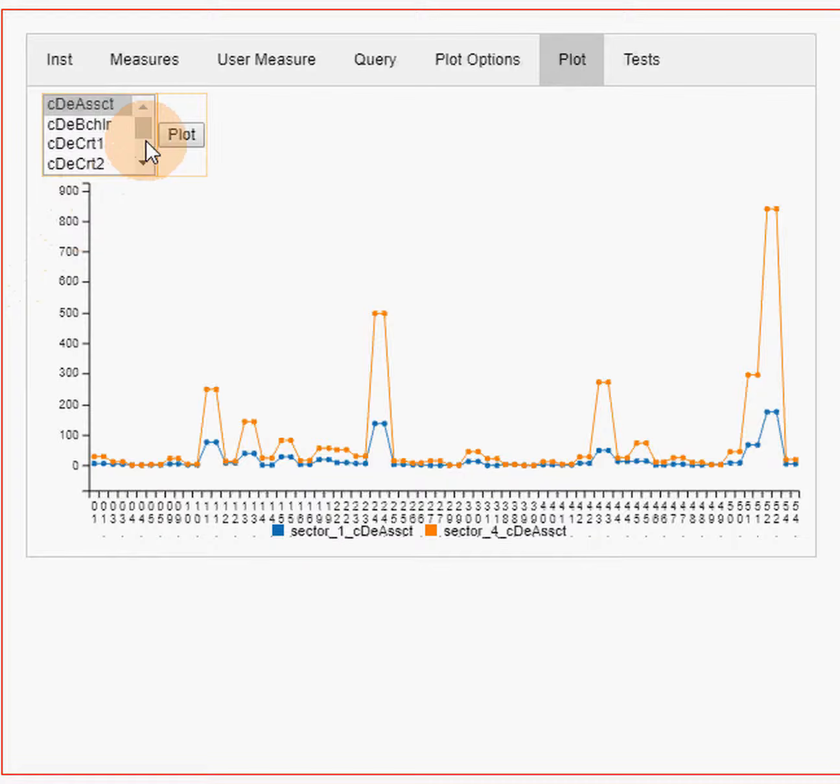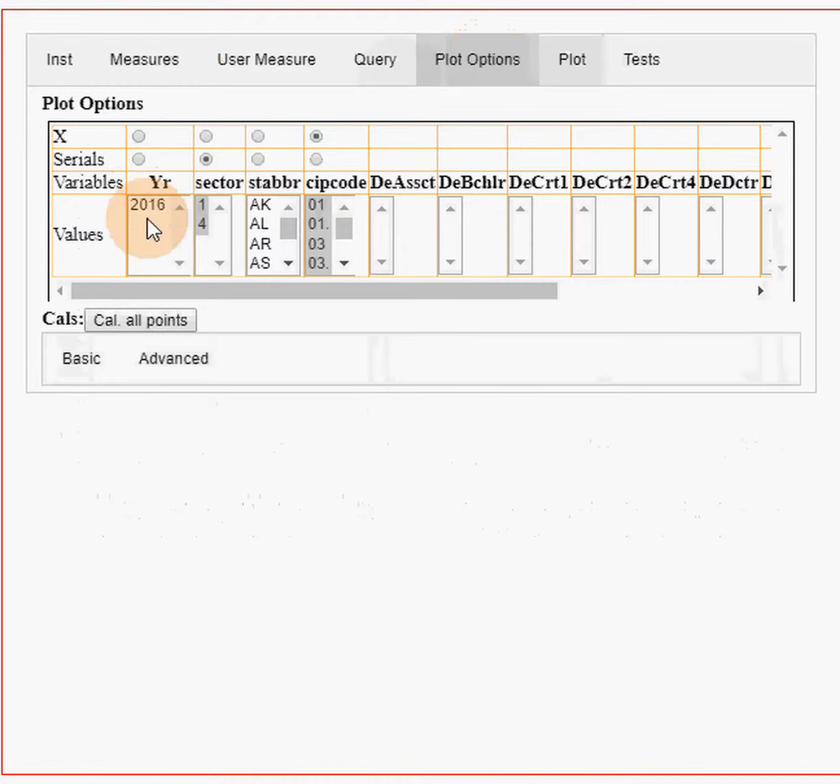And let's now move to do some of the state comparison. One way you can do this is selecting the state as the series. Let's clear out the sector selections.